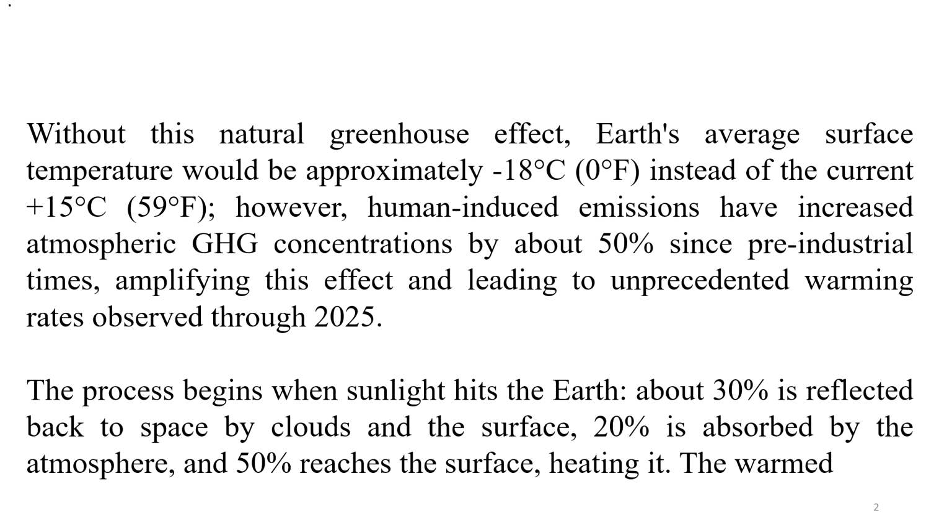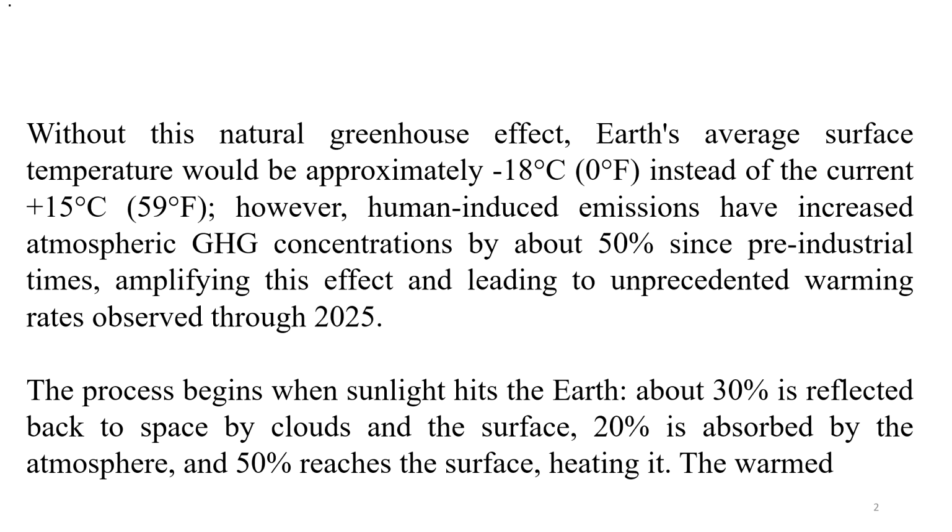Let us first understand the natural greenhouse effect, because without it, life as we know it would not exist. Sunlight reaches Earth mainly as shortwave radiation. These rays pass easily through the atmosphere and warm Earth's surface.